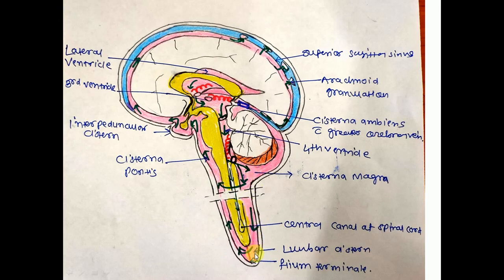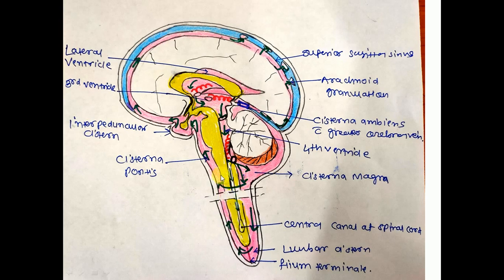Once it enters into the spinal subarachnoid space, it reaches the lumbar cistern, it completely bathes the spinal cord, and then again CSF ascends and goes towards the cisterna pontis. And some CSF enters inside the central canal of the spinal cord, and thereby it provides nutrition to the tissue of the spinal cord.